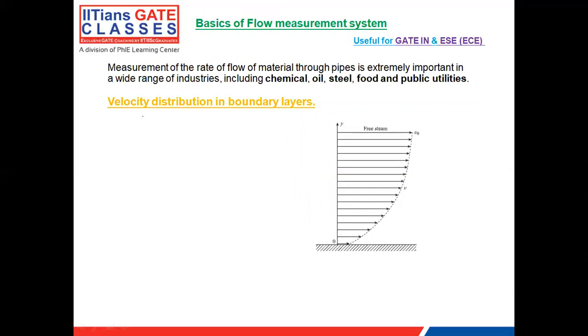So the next topic is velocity distribution in the boundary layers. How you can understand this in a very easy fashion? I'm taking the same pipe where the fluid was flowing.